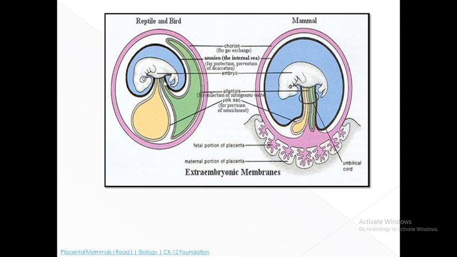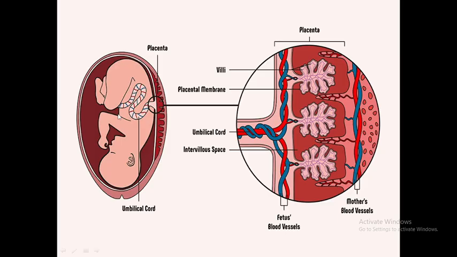Apart from that, the hindgut region gives rise to a triangular shaped structure or bag called the allantois. The main function of the allantois is to carry the excretory material from the developing fetus.